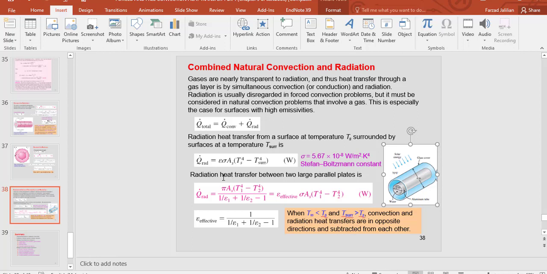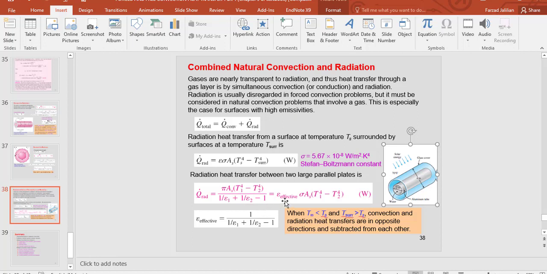But when we have two large parallel plates, we should use this equation to find the radiation heat transfer between these two large parallel plates, like what we have here.